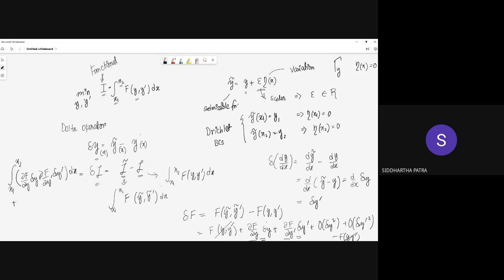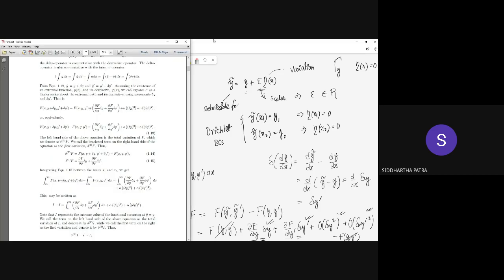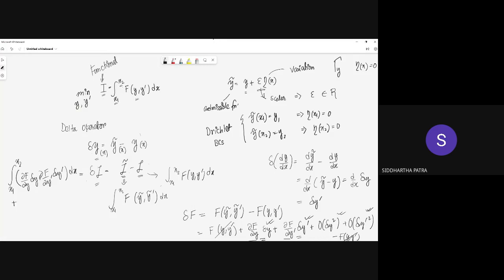So you are left with this term, and higher order terms. So then we can write terms involving order delta y squared and order delta y prime squared.